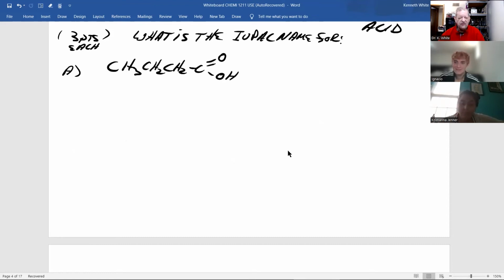Let's get to work. What's different? A hydroxyl group on a carbon with a double bond to oxygen, and carbons on that carbon. This is a carboxylic acid. How do you name it?